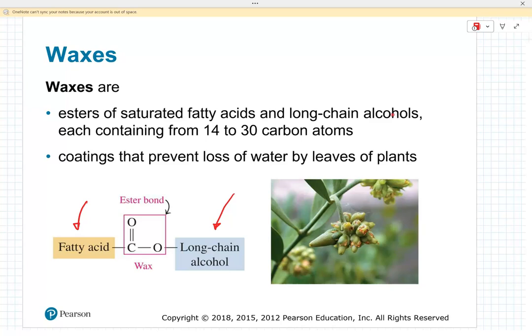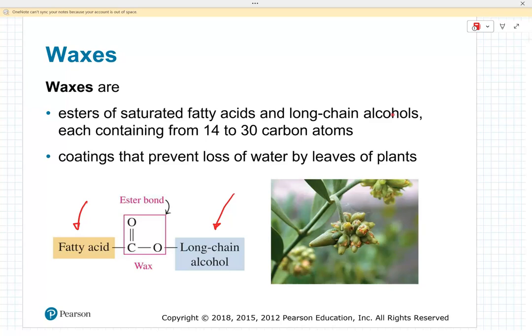Let me ask you this. How does the length of a carbon chain associate with the ability of a compound to be dissolved in water? The longer the chain, the less dissolvable, less hydrophilic, right?